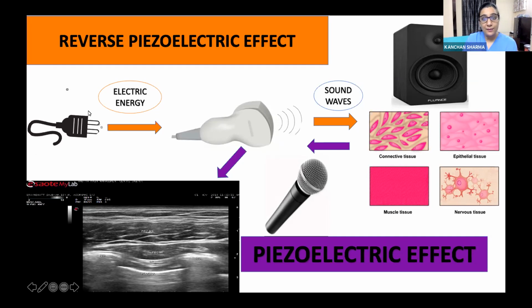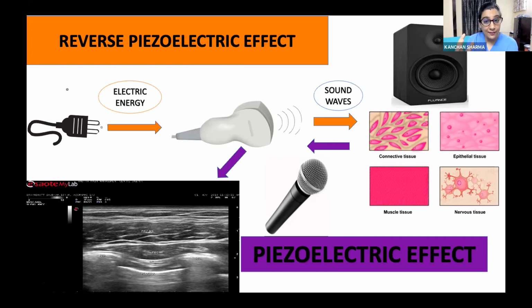Okay. So when I'm switching on the machine, I'm giving the electrical energy. I have the piezoelectric crystal present in the transducer. So this electrical energy is converted into mechanical energy, and these sound waves travel through the different tissues, and these tissues reflect them back to the transducer.